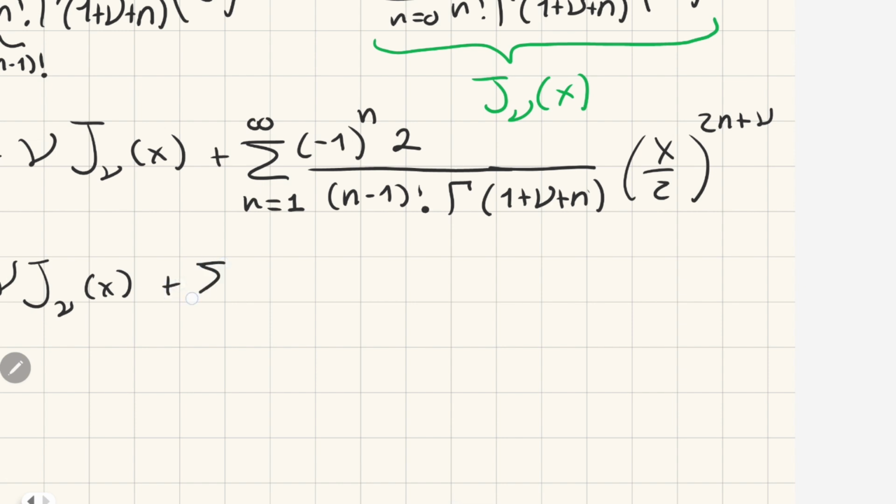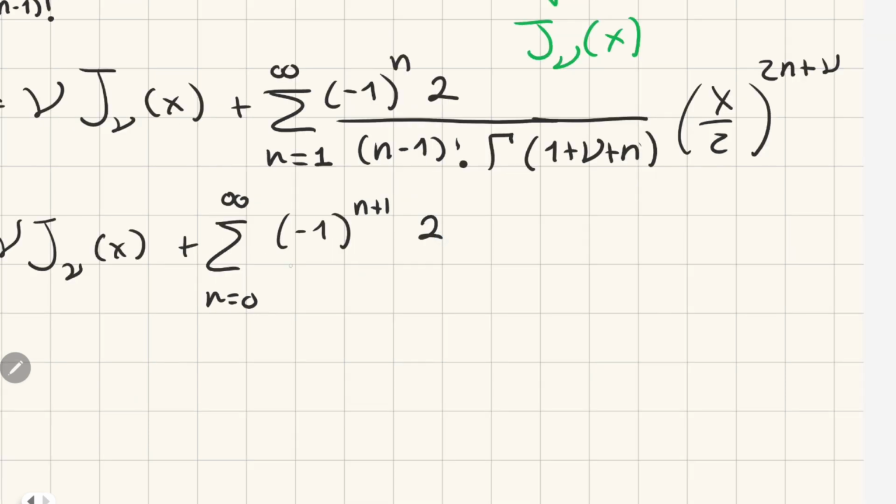So this will be the sum from n equals 0 to infinity, and we need to add plus 1 to every n in the elements of the sum. So that will be minus 1 to the n plus 1, 2 divided by n plus 1 minus 1 factorial. But this will be only n factorial, and then gamma of 1 plus nu plus n.